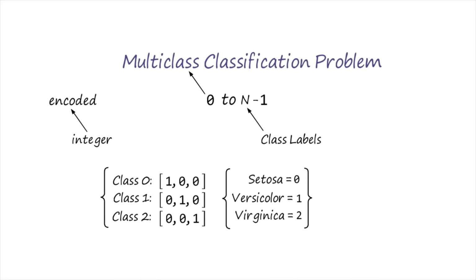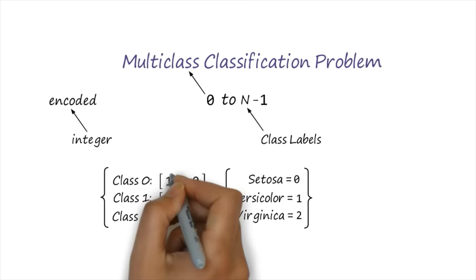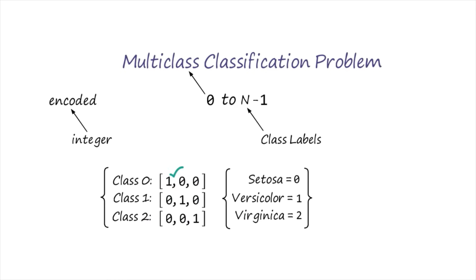The question is why? Class 0 means the first class, so 1 is here and the rest of the two classes are 0. Class 1 means the next class, not the first or the last, so it is the second class, so 1 is here.